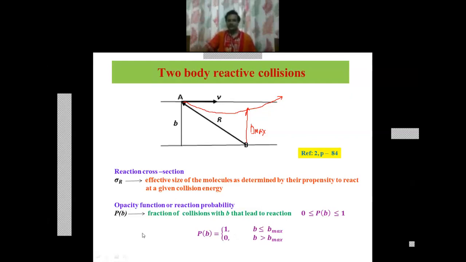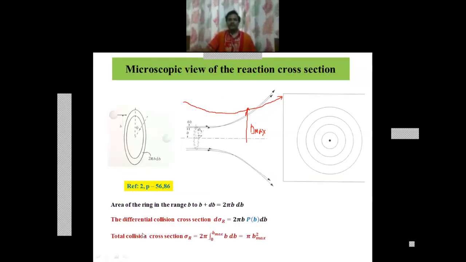Let's say this same picture I am drawing in a different way. So this is b actually.